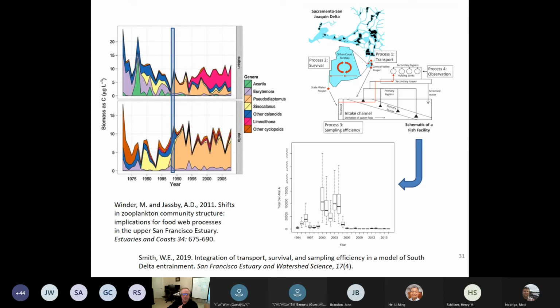I tried to find a Kimmerer paper, but I wasn't able to, but as everyone knows, the zooplankton community has changed historically due to the influence of clam filtering as well as other factors. On the right-hand side, some work by Will Smith on entrainment at the pumps and estimating these annual entrainment values in a really interesting analysis.